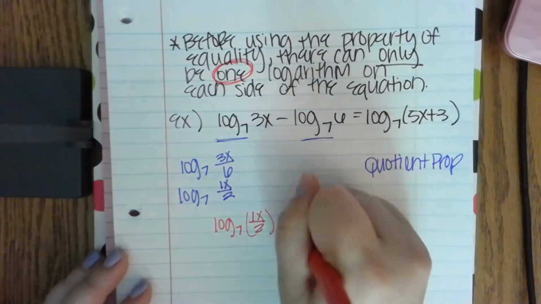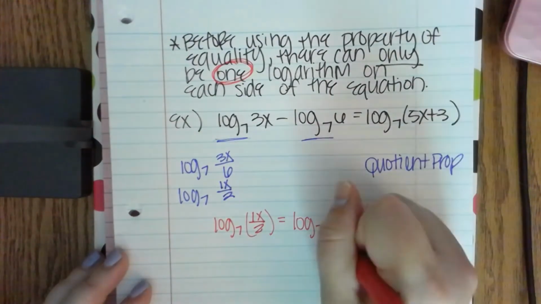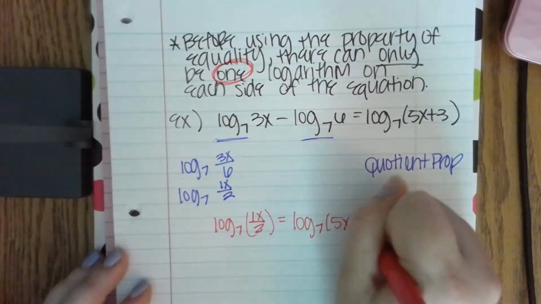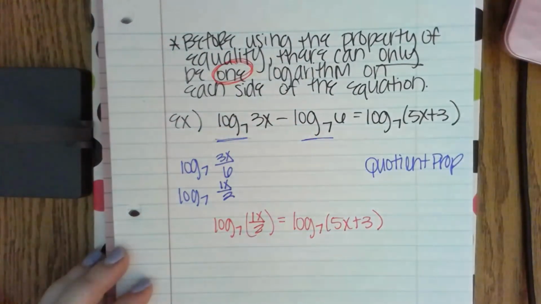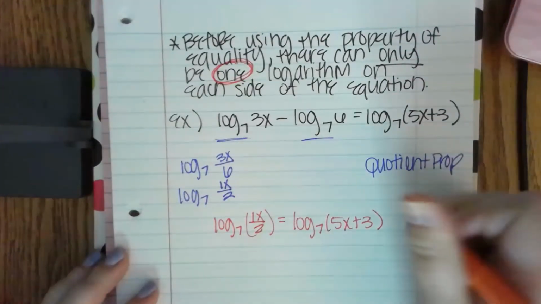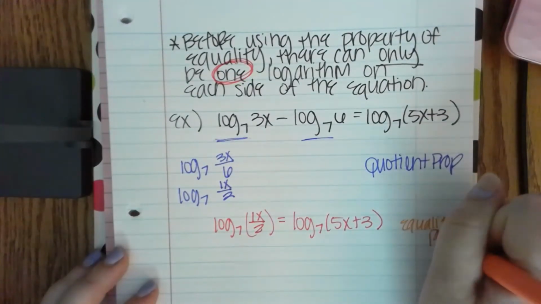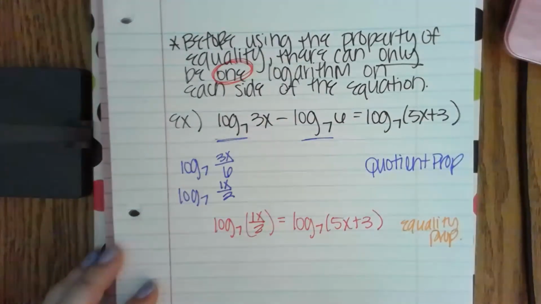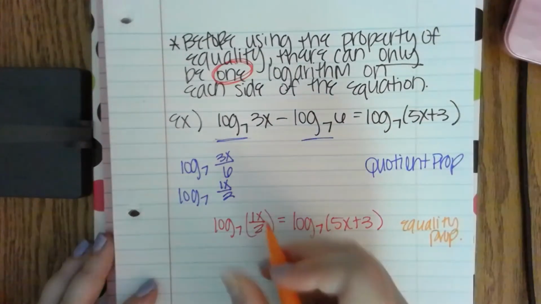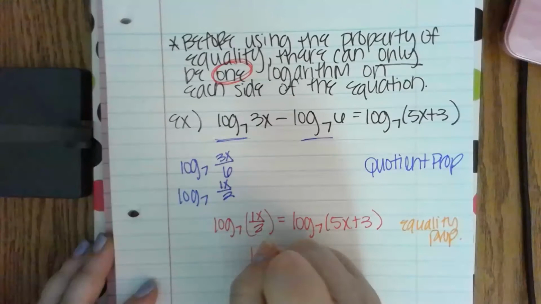and the other side of my equation is log base 7 of 5x plus 3. So now I can do my property of equality. I'm going to write equality property right here. And then I'm going to drop my logs and set my arguments equal to each other.